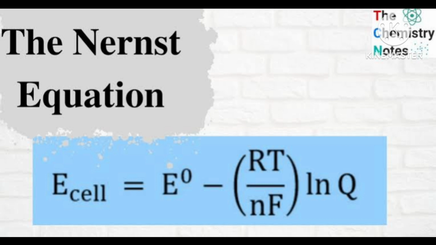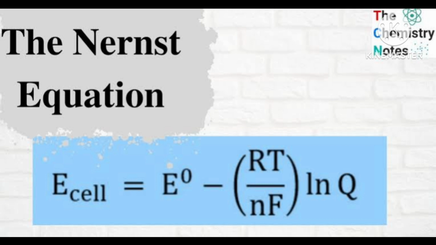Log x minus log y is equal to log x upon y. That's why in the next step, or the last step, E cell is equal to standard E cell plus 0.059 divided by n, out of the bracket. Now log x minus log y becomes log x upon y.